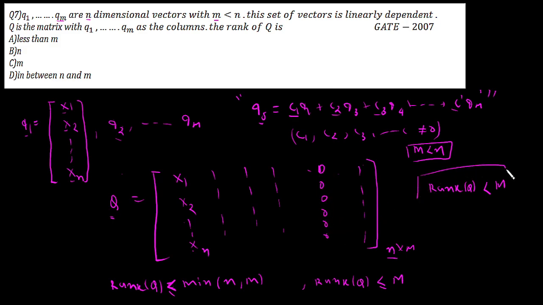So we draw the conclusion that the rank is less than m. But how much less depends on the further entries of this element. We cannot directly say it, but we are sure that the rank must be less than m. So option A correctly describes this condition. So option A is the correct answer for this question.